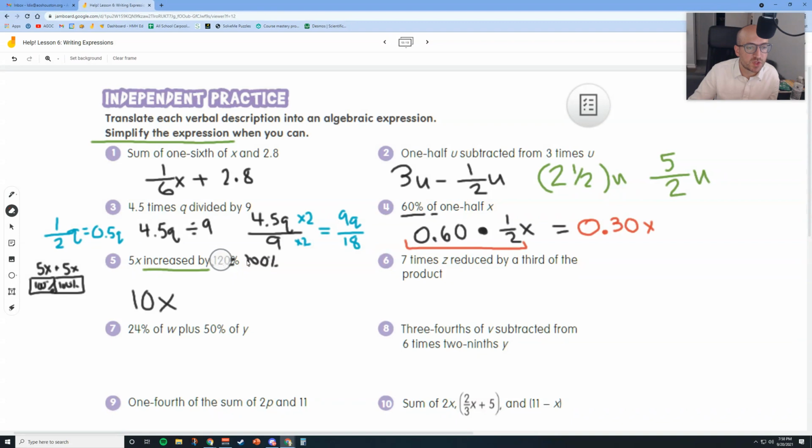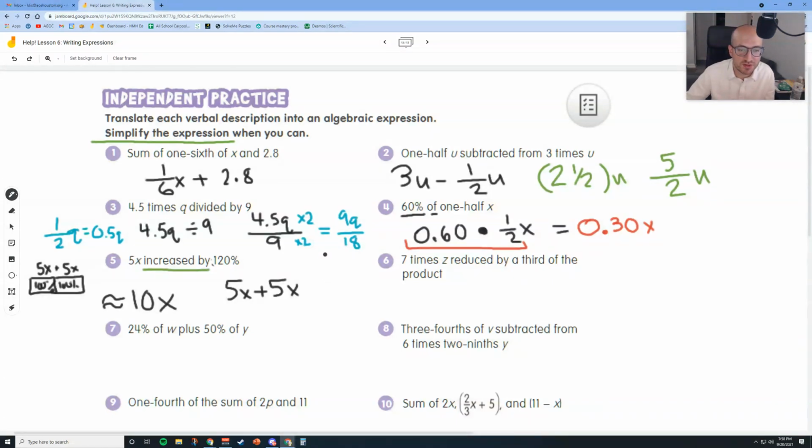So I know it's going to be more than 10x. If I do 5x increased by 120%, that's going to be 5x plus 5x, which is the original amount increased by 100%. What's 20% of 5x? 20%, I don't know.